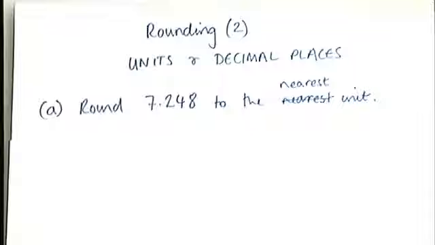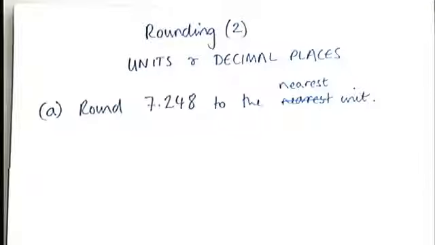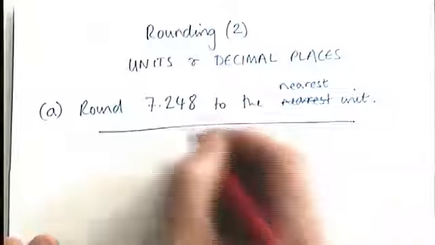Okay, this first question says round 7.248 to the nearest unit. And the key thing when you're rounding is, remember, this is saying which whole unit, which integer, is 7.248 closest to. So I tend to go for a number line.